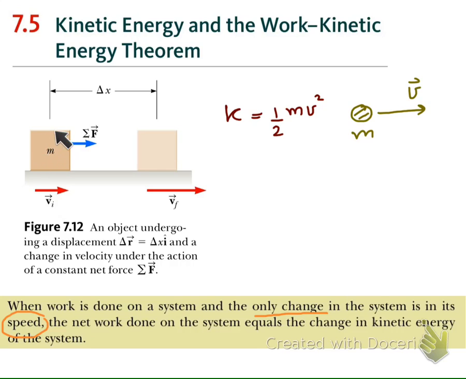Since this mass m is moving under the net force, it has the acceleration. And the acceleration makes the velocity change from vi to vf. If we calculate the work done by this net force to be W, okay, this is the work done by the net force.